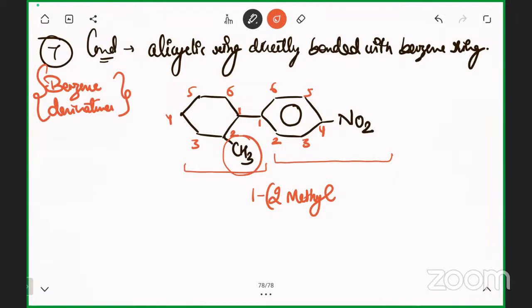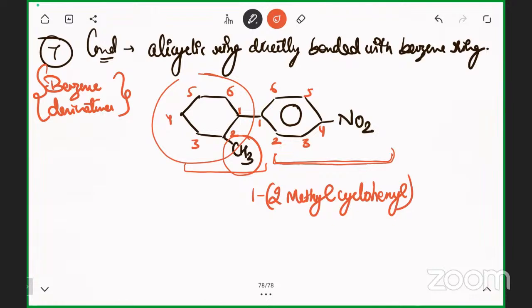Then the cyclic compound is present, so it will be 2-methylcyclohexyl. Why hexyl? Because 6 carbons are present and it is considered as a side chain, so I'm ending this name with YL. So it is 1-(2-methylcyclohexyl). But what about this?